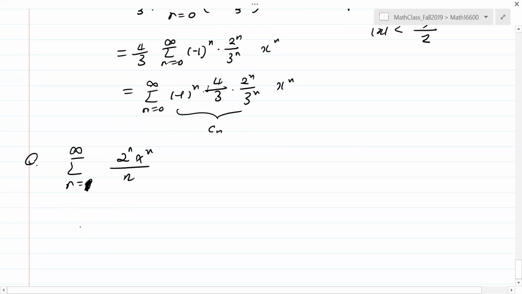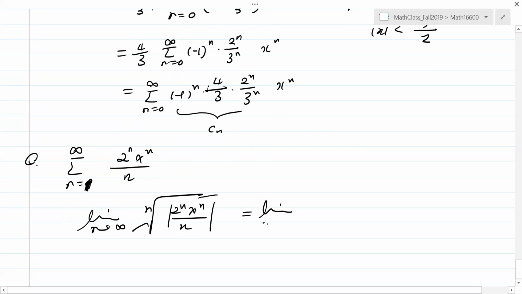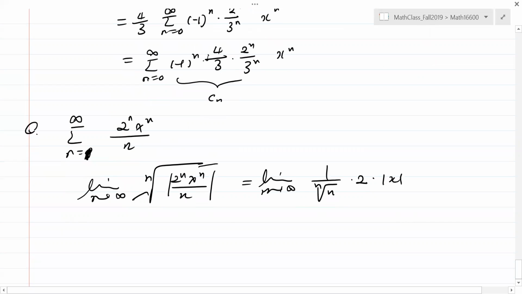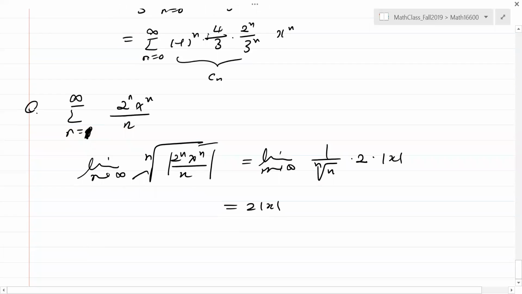So this is the nth root. If you find the radius of convergence, you can do it all together. The nth root of the nth term is 2x, so the limit is just 2 times absolute x. Clearly it's convergent when this is less than 1.